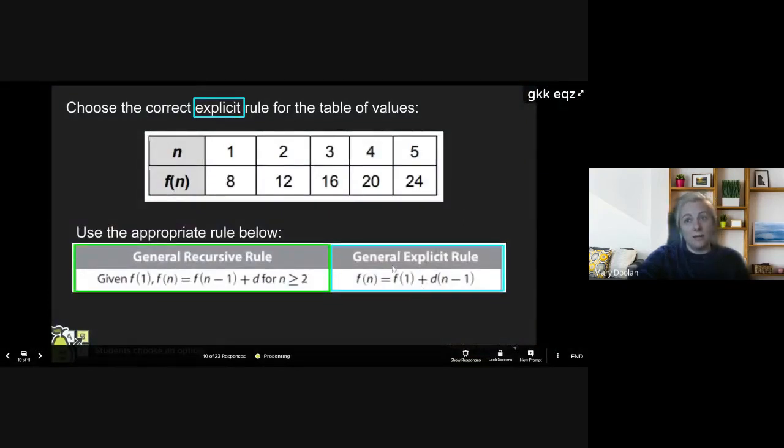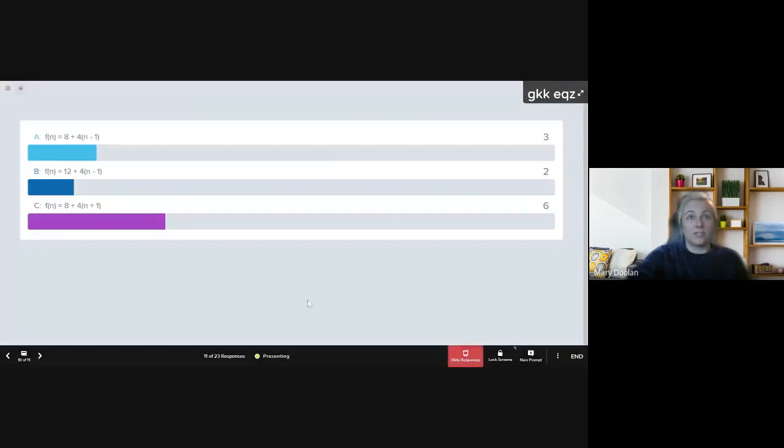So f of 1: if n is 1, then f of 1 is 8. So I better have an 8 right here in my choice. So possibly it's A, because 8 is first here. It can't be B, because I have a 12 there. B is wrong. C could be 8, because 8 is here.